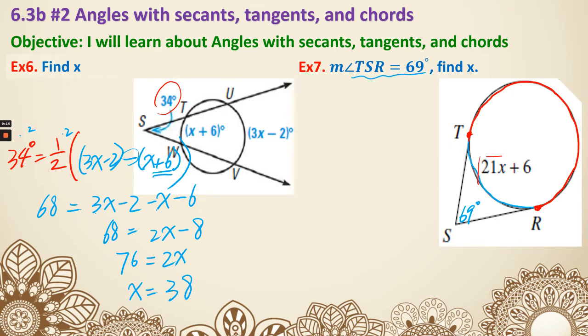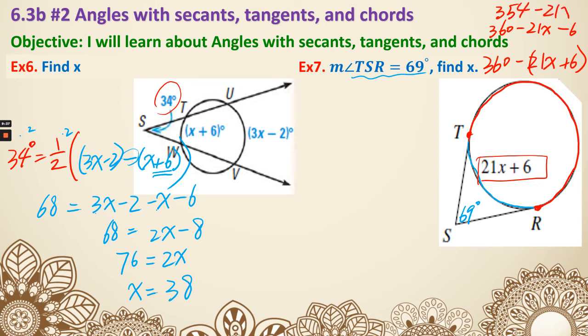So I know one arc. I can use 360 degrees minus that one to get the other one. So now I can represent the other arc as 360 minus 21x plus 6 inside parentheses because I'm subtracting them together. I can simplify that, 360 degrees minus 21x minus 6, which becomes 354 minus 21x.